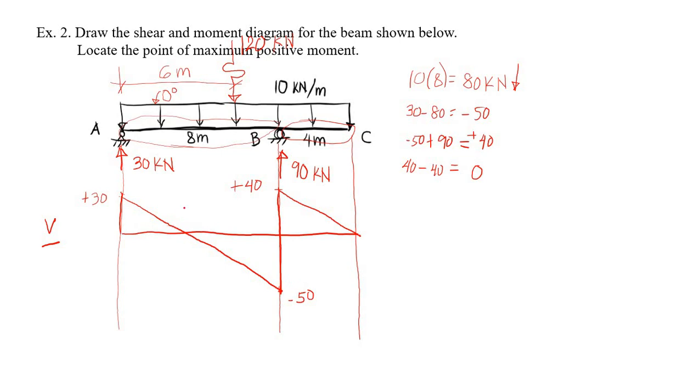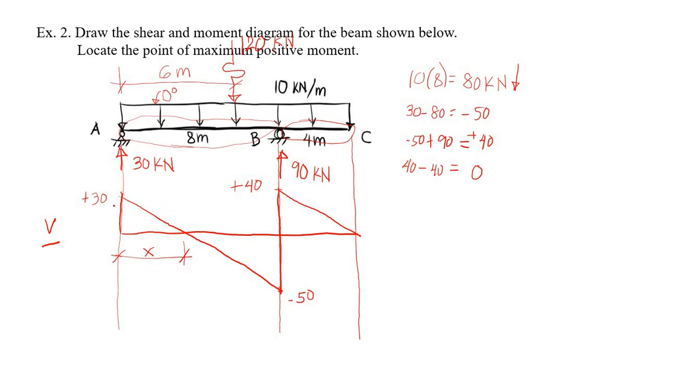Now, we would like to locate the point of maximum positive moment. The location of our maximum positive moment is at the point of 0 shear. So we will simply let this variable equal to x.